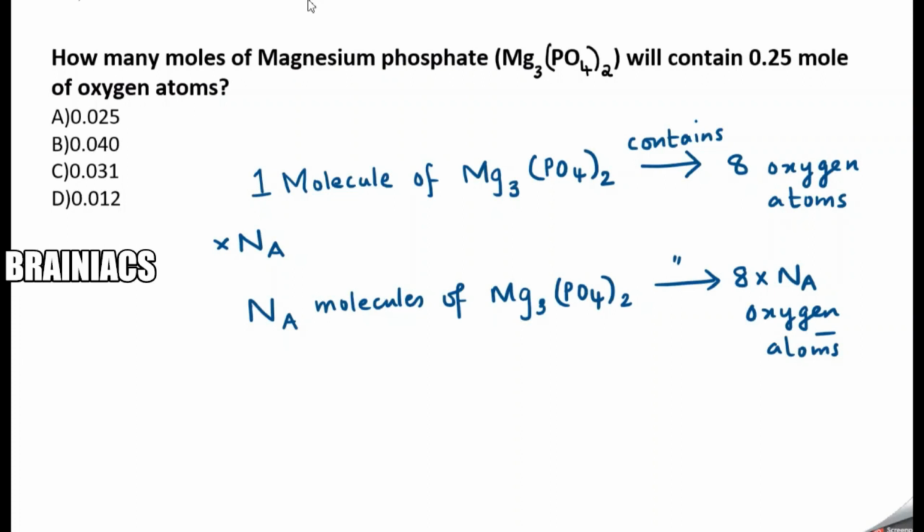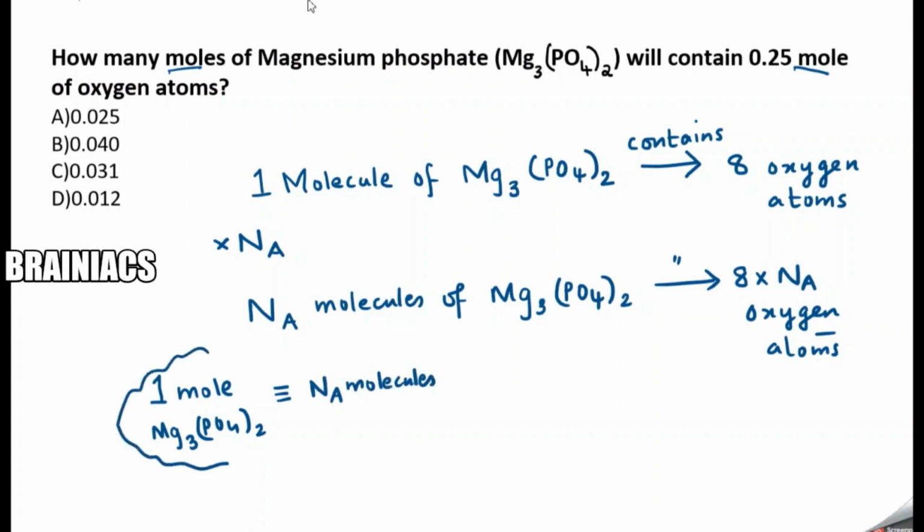Now we need to convert this into moles, because the question is asking how many moles, and the values are also given in moles. So how can I do that? I know that 1 mole of Mg3(PO4)2 has Na molecules. Correct? This is my fundamental, so I will put it in bracket.